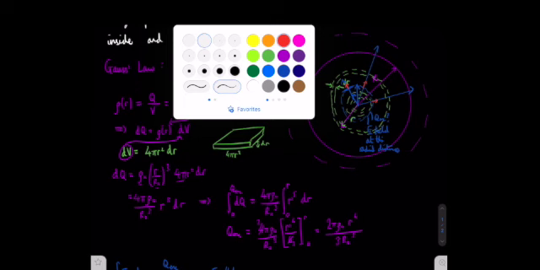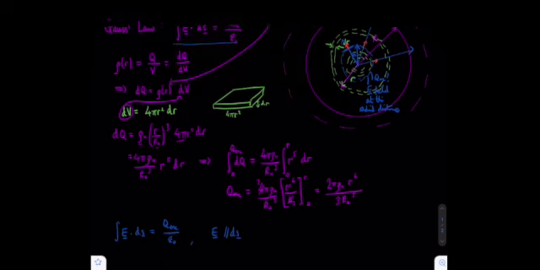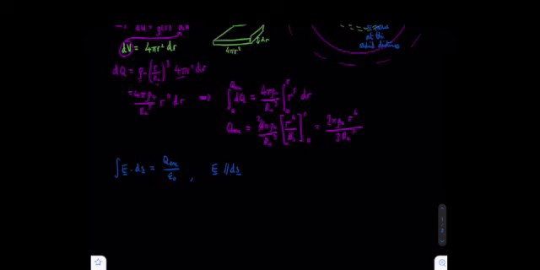So we know that the dot product E dot ds is the same as the magnitude of E, the magnitude of ds, times the cosine of theta. And since they're parallel, theta is 0, so cos 0 is 1. So it's just the magnitude, and I'll call it an E and ds.